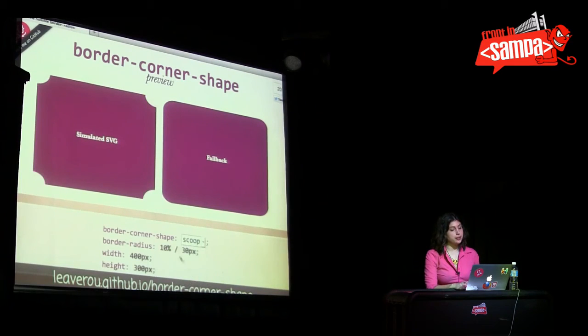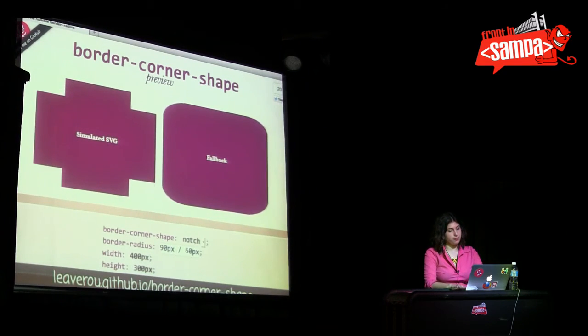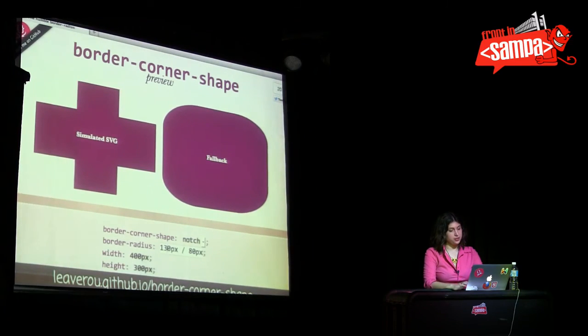But there will also be scoop, which does the sort of inner border radius. And notch, which will do like an inner rectangle kind of thing. And it will even follow any values of border radius. So you can do crosses and stuff.